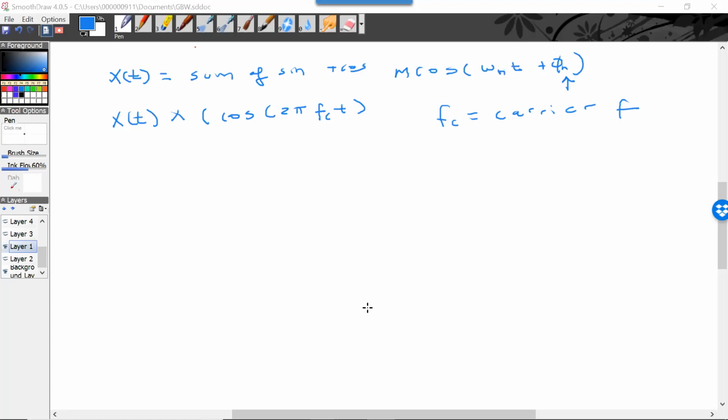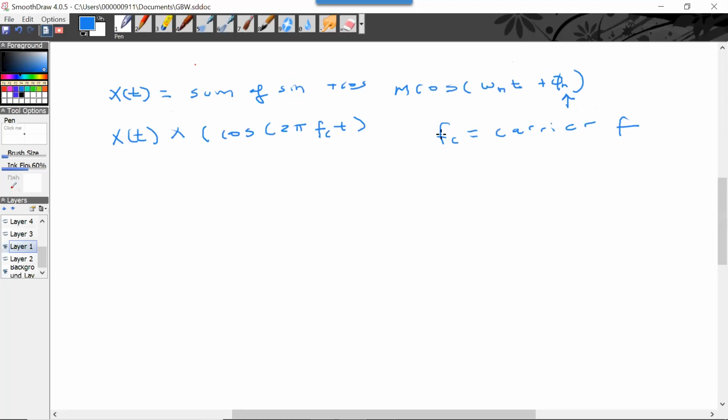But those are the frequencies that we're going to transmit at. The frequency of the carrier has got to be a lot bigger than the maximum frequency of the signal.